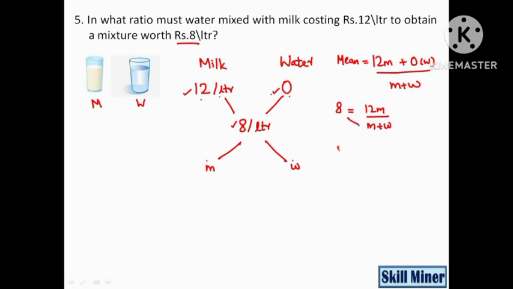Cross multiplying, 8m plus 8w is equal to 12m. So 8w is equal to 12m minus 8m, which is equal to 4m. 8 by 4w is equal to m, which means m is equal to 2w.